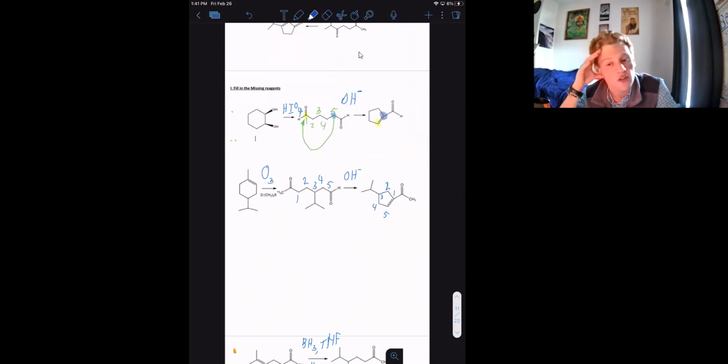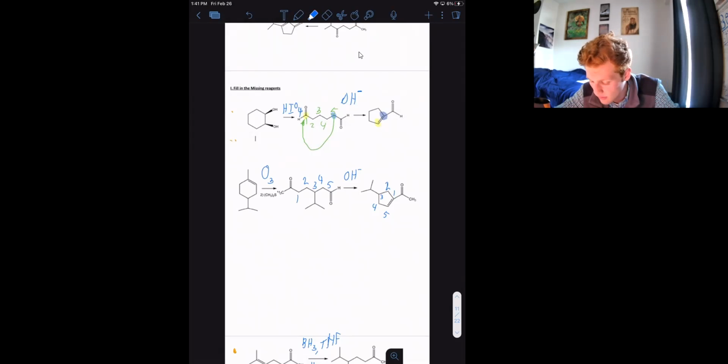Same thing we're doing here, it's just osmium tetraoxide, or not osmium tetraoxide, sorry, ozonolysis for this guy right there. And we actually used this as a solvent. It's just the sulfur with propyl groups on either side.